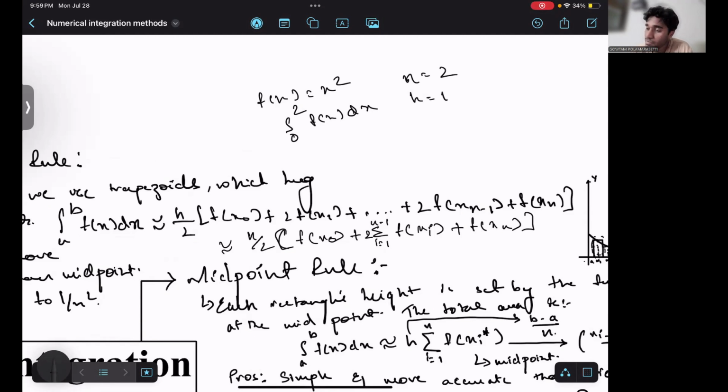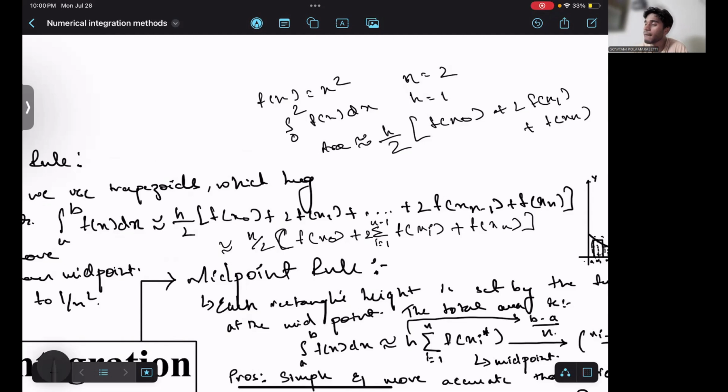So, according to this equation, our approximate value or area will be h by 2 of f of x naught plus 2 into f of x1 plus f of xn.